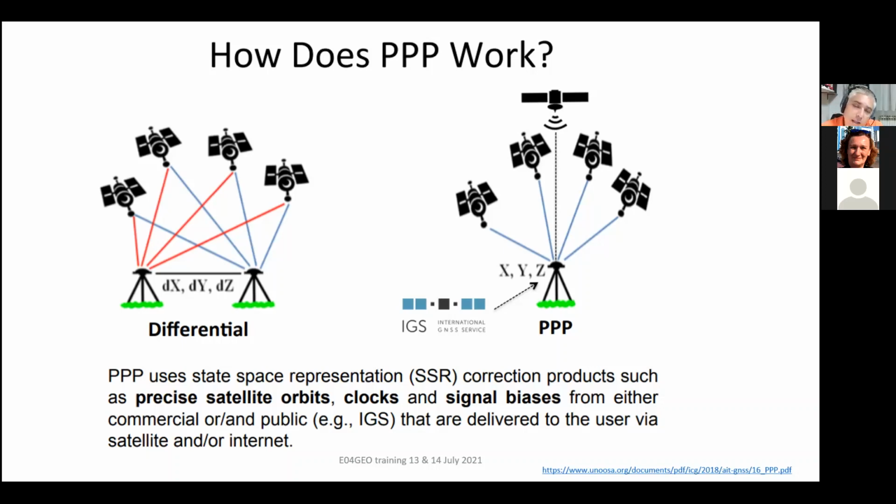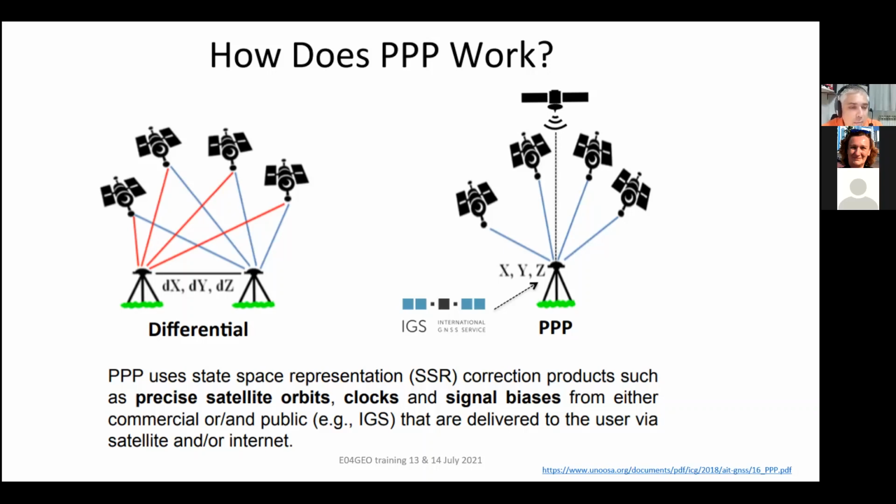Above these 4 GNSS satellites, there is a communication satellite providing those data. That means the additional data can be provided via satellite, or via internet.